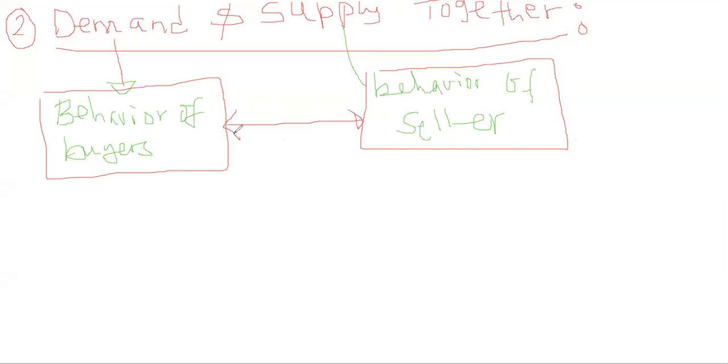When buyers and sellers interact with each other, we have a market. And as they interact with each other, we will have a result, some equilibrium conditions. So we will have equilibrium conditions in the market.